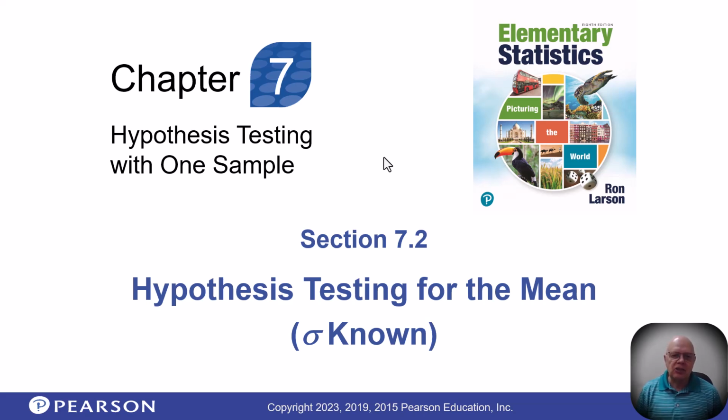And section 7.2 includes when we know the population standard deviation. In section 7.3, we're going to talk about what we need to do when we don't know the population standard deviation. But that will come when it comes.